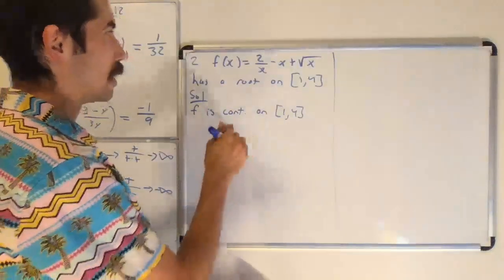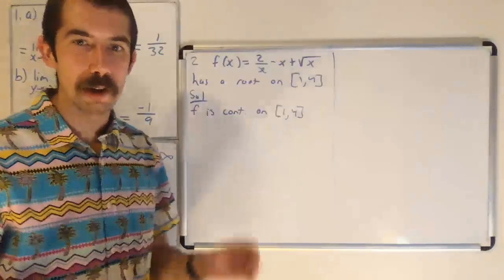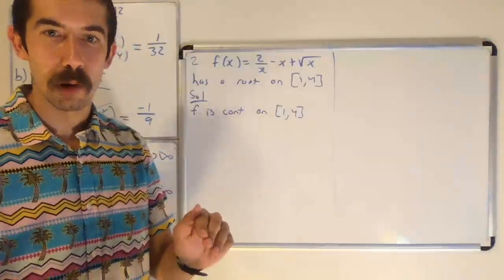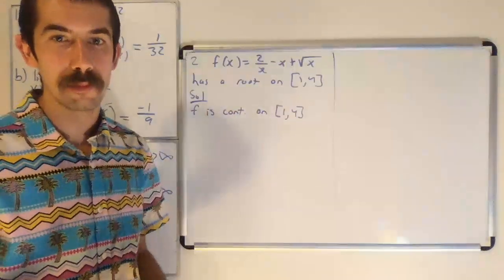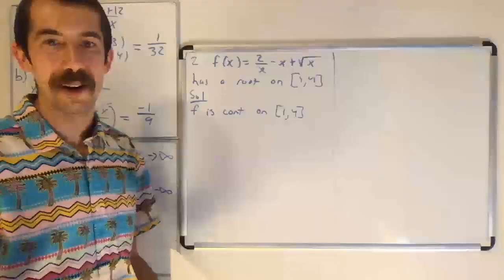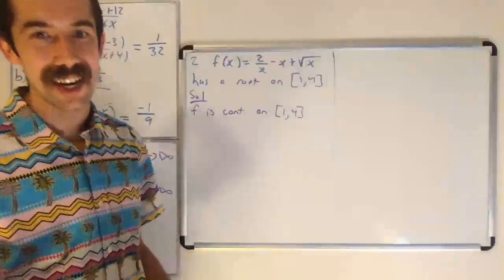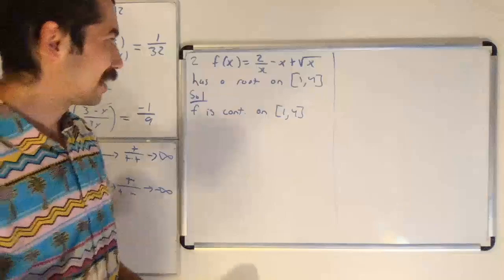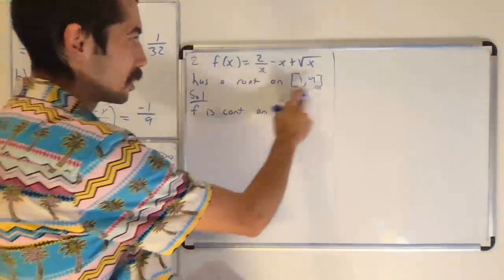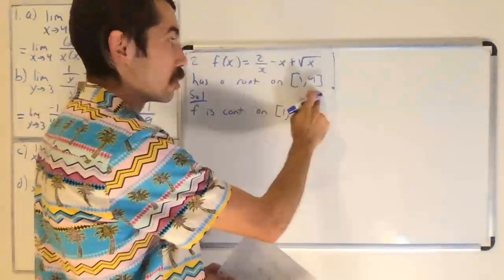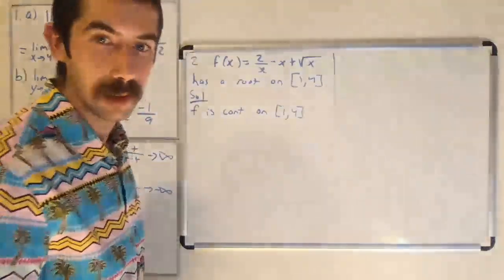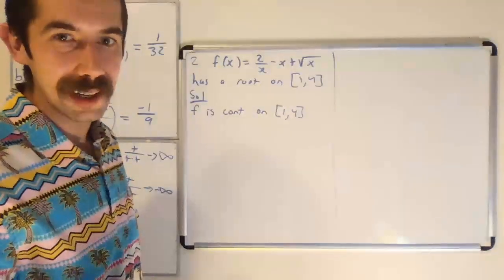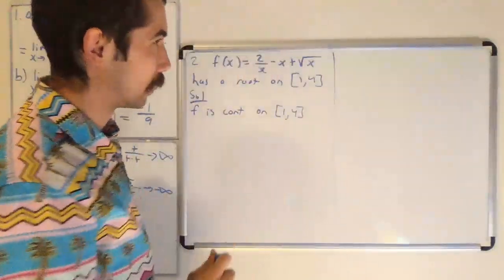And so what we want to do is find where our function goes from positive to negative or from negative to positive. And if we could do that, we know that at some point it has to cross the x-axis. Okay? So a good place to start is just use the endpoints. If that doesn't work, then maybe try the middle of the interval.